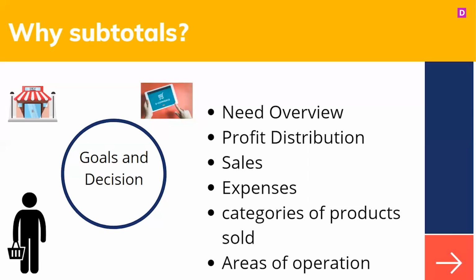When nearing a shutdown, they wanted to identify which areas they should operate on and which areas shouldn't be operated. If they have to figure out all such information, this concept of total and subtotal is going to be helpful for them.